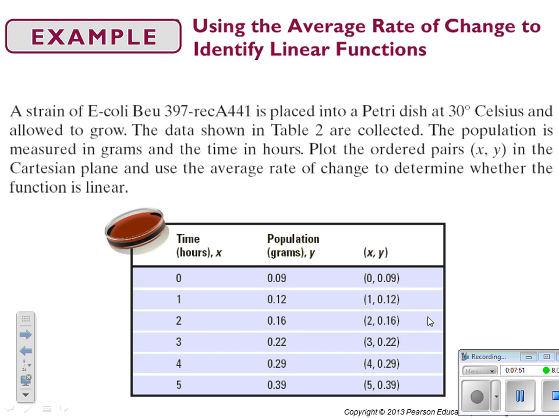So 30 is 5 degrees Celsius above room temperature, so it's like swampy conditions. The data shown in Table 2 are collected. The population is measured in grams and the time in hours. Plot the ordered pair x comma y in the Cartesian plane and use the average rate of change to determine whether the function is linear.